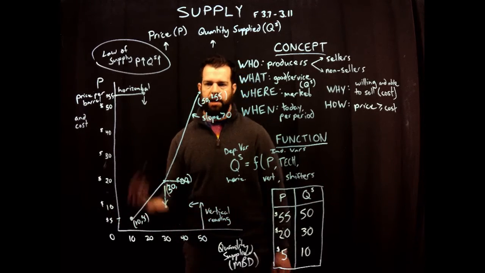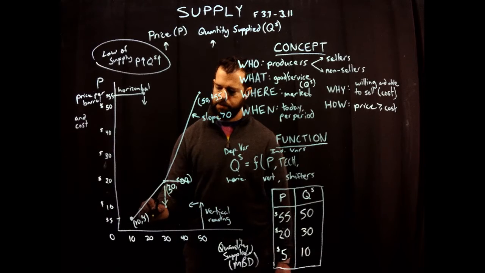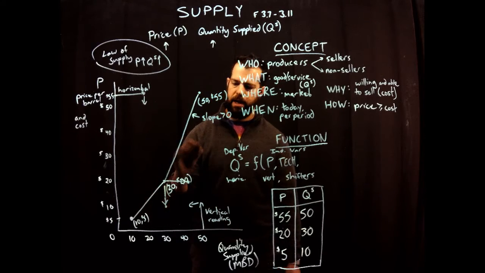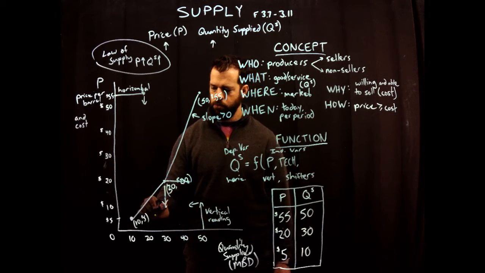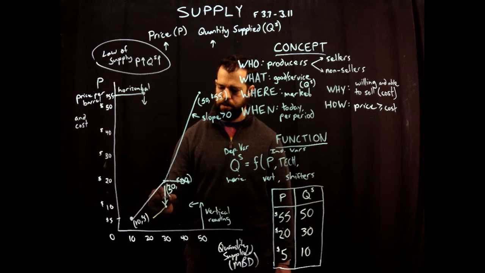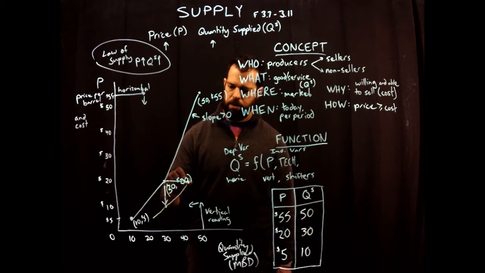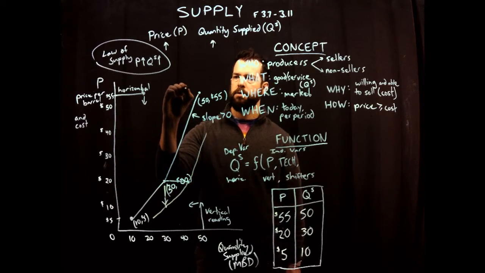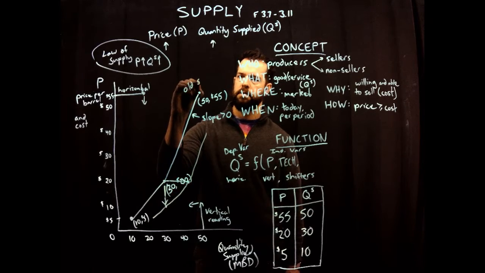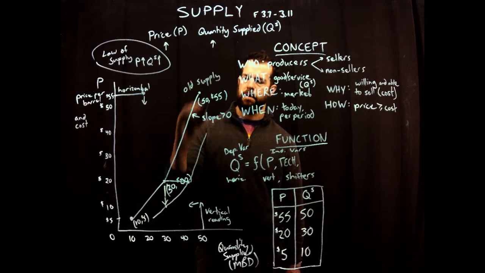And so an increase in supply would be a shift to the right using the horizontal reading and a shift downward using the vertical reading of an increase in supply. And so I'm just going to interpolate, guess where these other points would be. And so we have our old supply here and our new supply here.